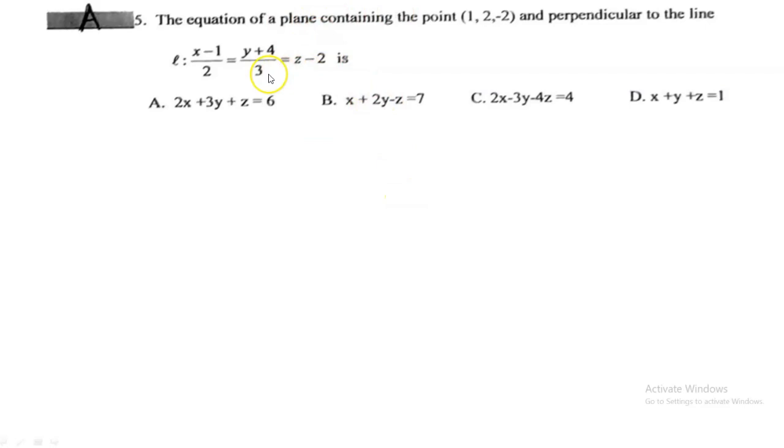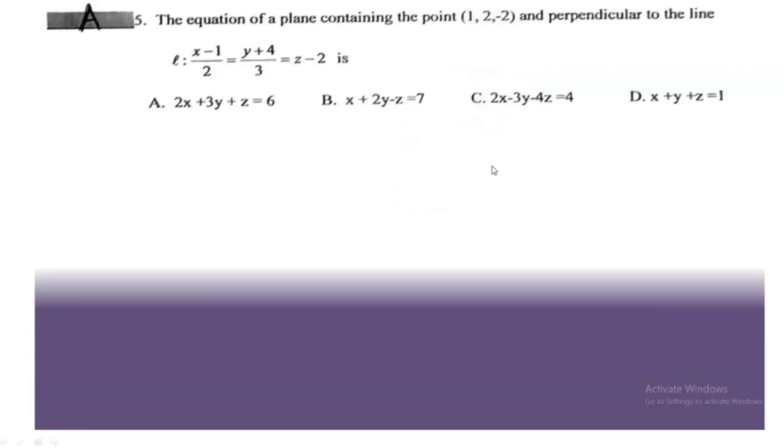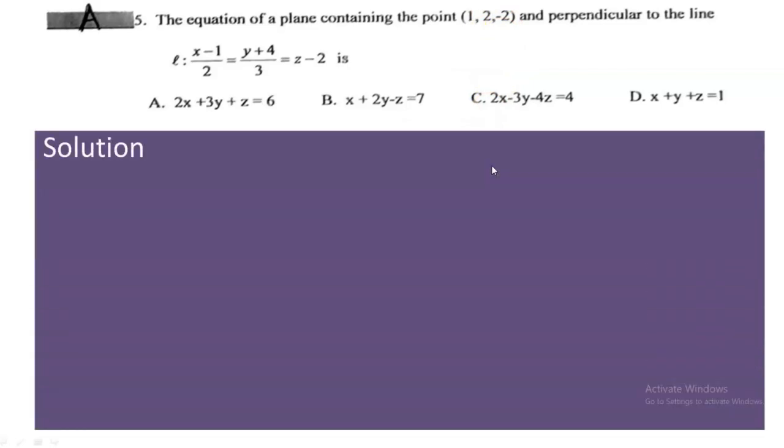Now you can consider a, b, c to be these numbers 2, 3, and 1, because these are, you see, components of the normal vector, whereas this point 1, 2, minus 2, you see, is a point lying on the plane, so you can consider x naught to be 1, y naught to be 2, and z naught to be minus 2. So using this into account, you can directly go to the following one.